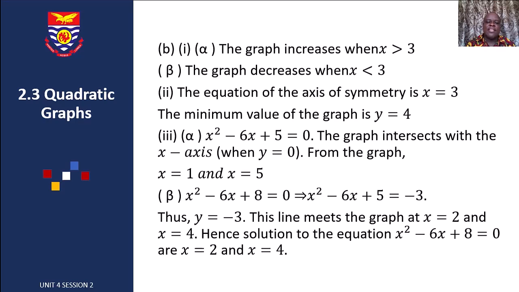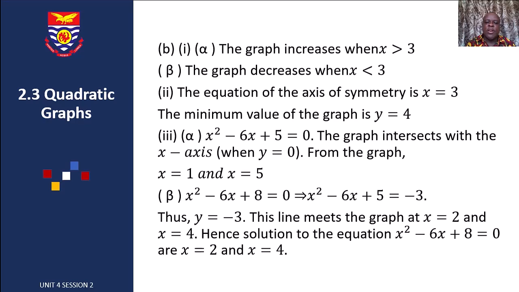Then if you compare it again to the original equation, you notice that y now will be equal to negative 3, because y is equal to x squared minus 6x plus 5, and then negative 3 is equal to x squared minus 6x plus 5. So you can compare the left-hand sides and say that y is equal to negative 3. Then we are going to draw the line y equal to negative 3 through the graph. So we locate negative 3 on the graph and draw a horizontal line to pass through negative 3.